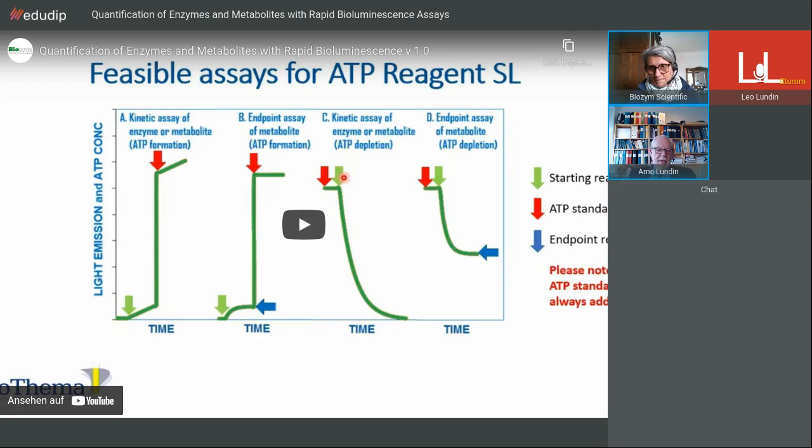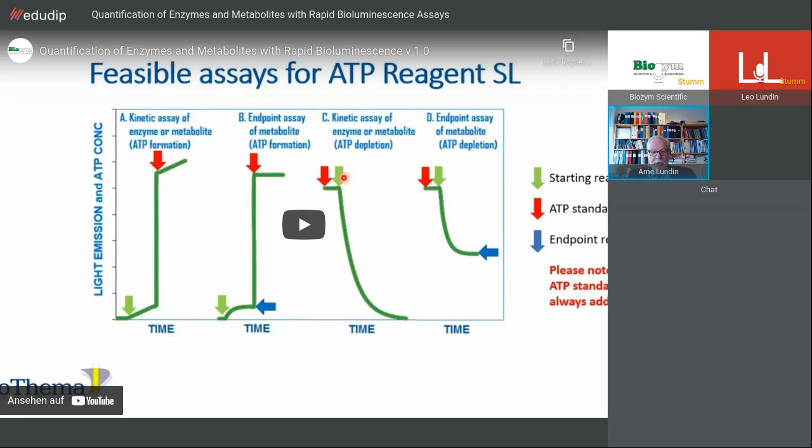Hello everybody, my name is Arne Lundin. I have devoted my entire professional life to analytical applications of firefly luciferase, starting in the beginning of the 1970s at the National Research Institute. I worked at Stockholm University and the Karolinska Institute, where I took my doctor's degree.